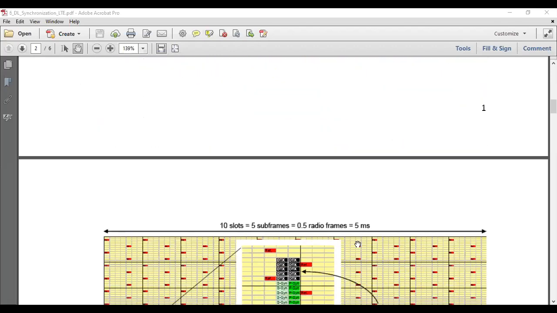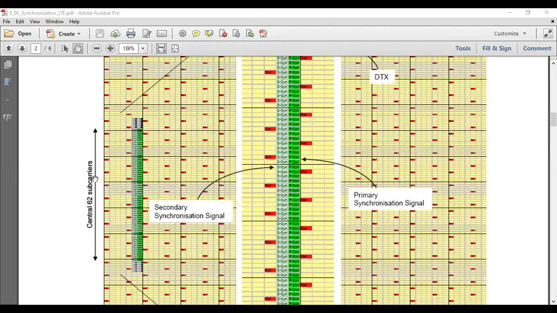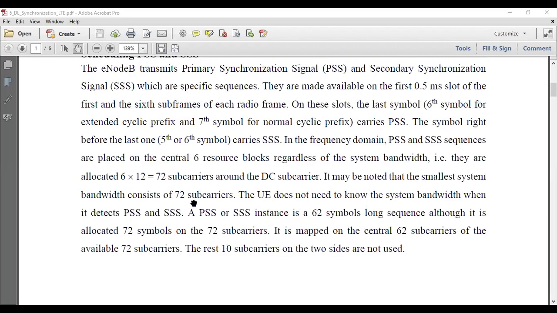Find the center of the whole bandwidth, and around that you take 72 subcarriers or 6 resource blocks, and then transmit PSS and SSS. Whatever the bandwidth is, whether 10, 5, or 3 megahertz, it will always be the central 6 resource blocks.